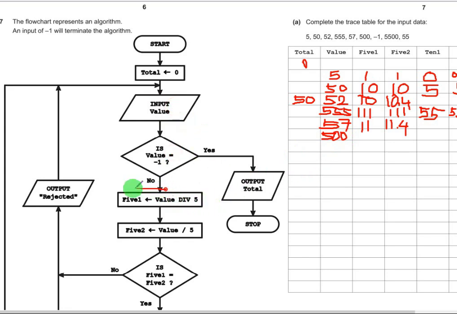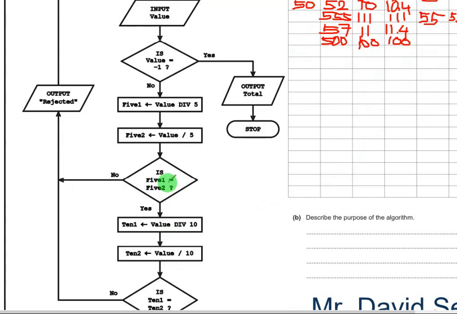No. Then you go for the div 5. 500 div 5 will be 100, and this one is also 100. 500 divided by the regular 5 is 100.